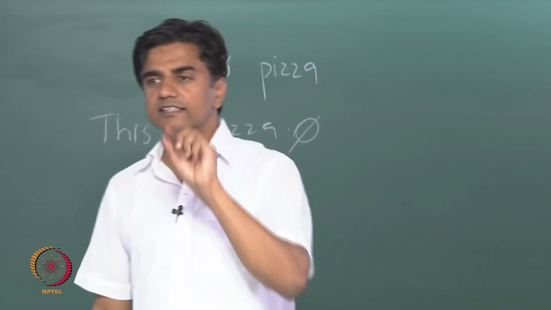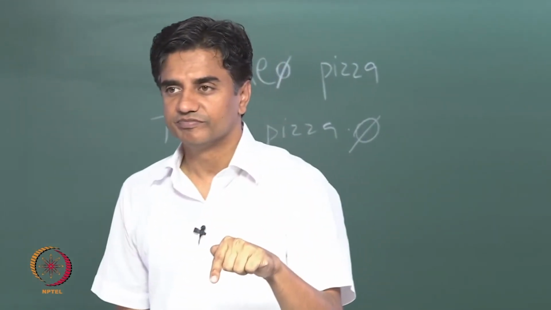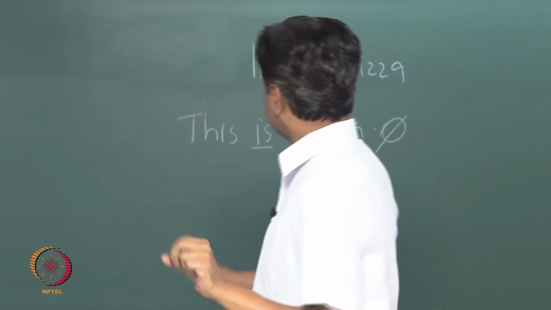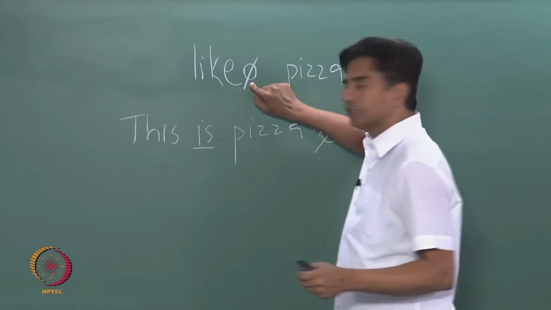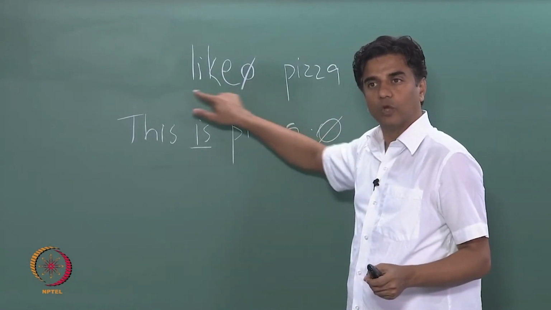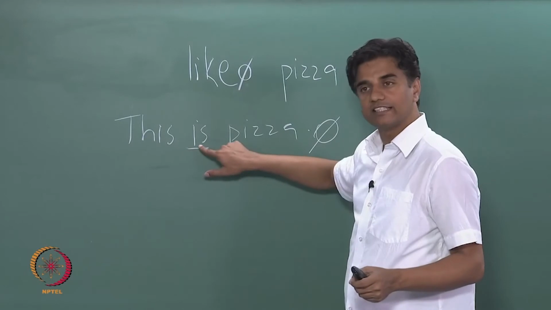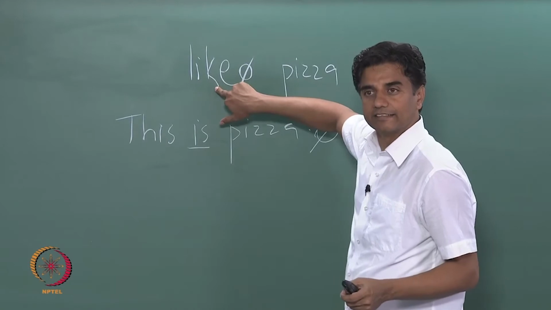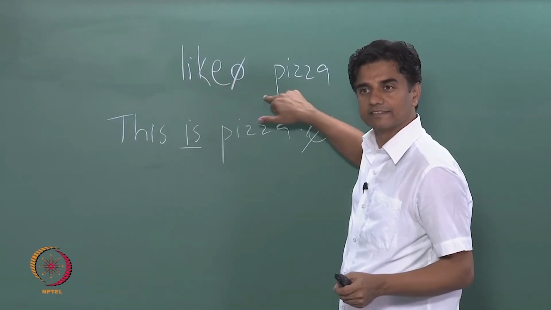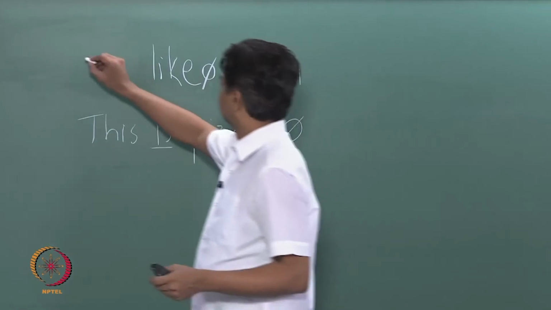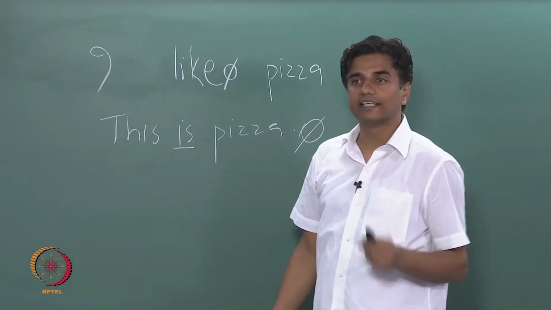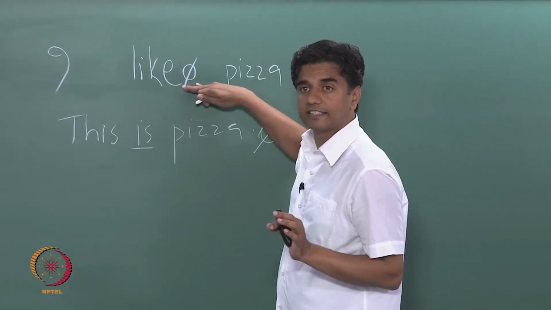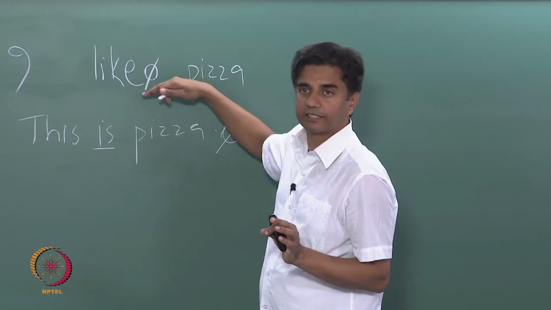Slippery means it's hard to put your finger on it. It's hard to catch, in the sense that, see, any marker of tense here? No. Any marker of tense here? Yes. But we know that there is a present tense here. This sentence is present tense, right? When I say I like pizza, the sentence is present tense. So there is no marker of present tense, but this is present.